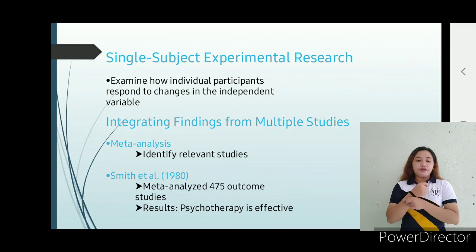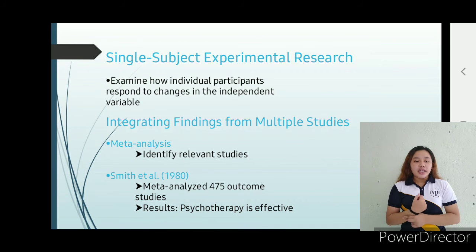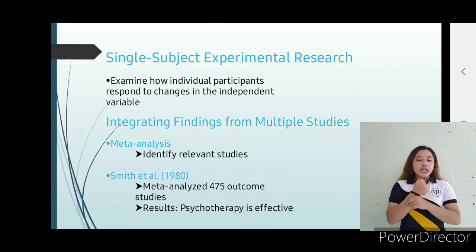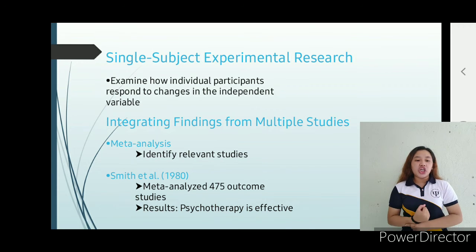Integrating findings from multiple studies. Meta-analysis. Identify relevant studies and compute effect size. It is useful for systematically integrating findings gleaned from individual studies and goes beyond the mere summarization and critique of research findings.